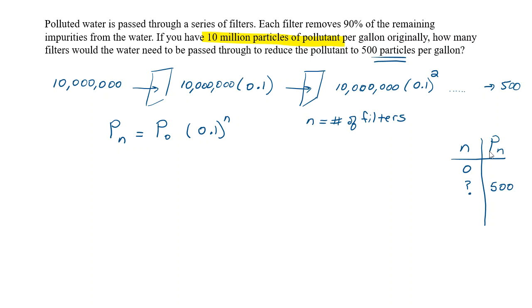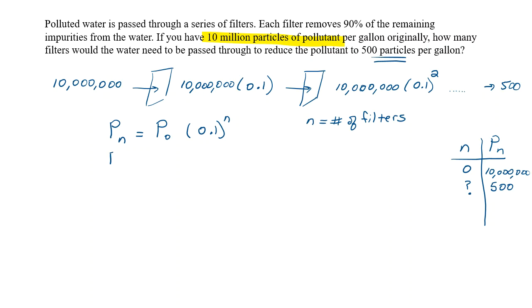If I write P sub n in millions, I'd have to change 500 into some number of millions, which is awkward. It's way less than 500,000, and figuring that out might be difficult. So because of the 500, we're not going to do this in millions. We're going to write out all the zeros.